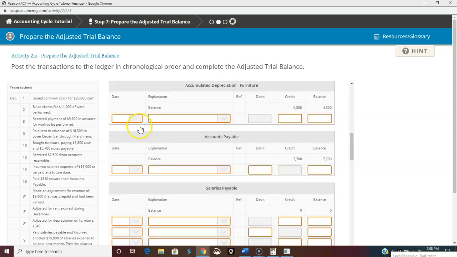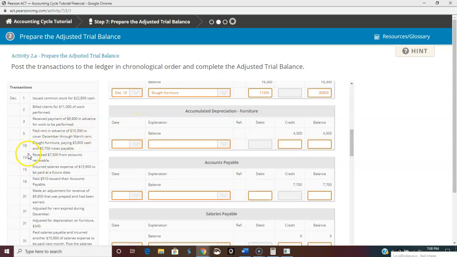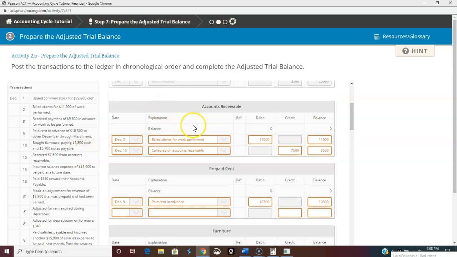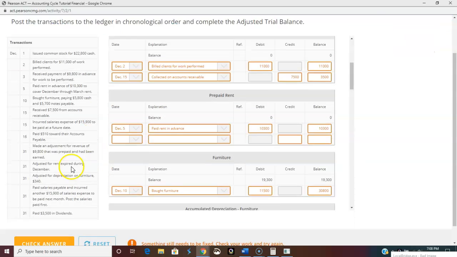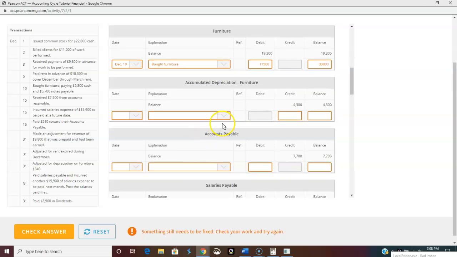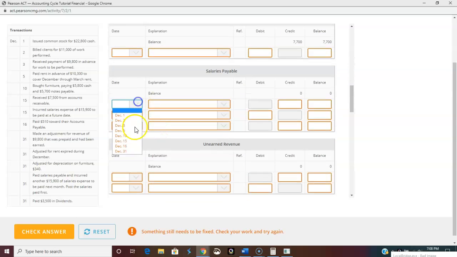All right, so let's go back up here. We did the 10th. On the 15th, we received 7,500 from accounts receivable. We already did that. We did those up here. Okay. So on the 15th again, incurred salaries expense of 15,900 to be paid at a future date. So that's going to be salaries payable on, what date was it? The 15th.